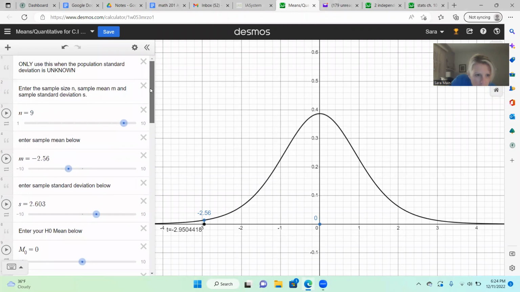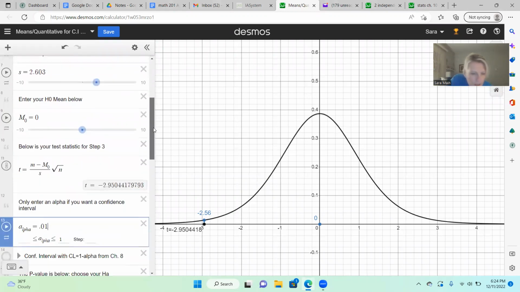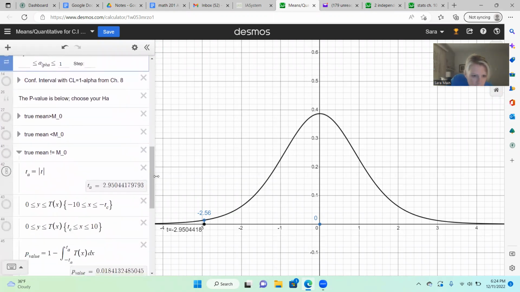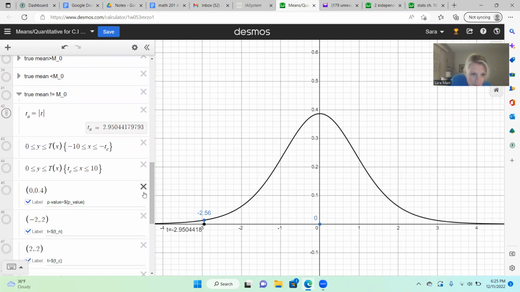So there is our sample size is 9 and 2.603. And there is our test statistic, and then there's our p-value on the not equal to 0.018. So yep, it's just, whoops.